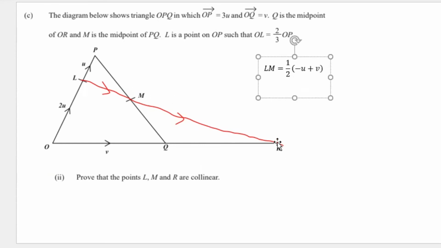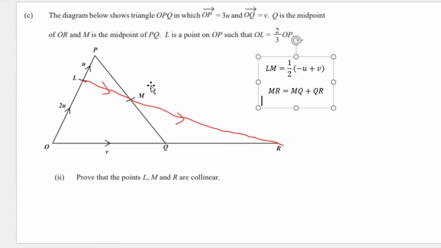MR would be equal to, let's say, MQ plus QR. We found what PM was, which would be the same thing as MQ, because remember, M is the midpoint of PQ. So therefore, MR is equal to MQ, a half. Let's go back.